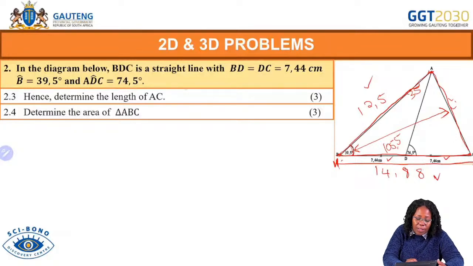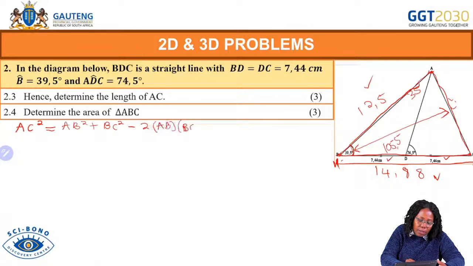Yes, because now this is telling us we need to use the cosine rule. The cosine rule says you take the side that you need to calculate, which is AC squared, equals the square of the other two sides, that is AB squared plus BC squared, minus 2 times those two sides, that is 2AB BC, and the cos of the angle opposite to the side you want to calculate, that is angle B there.